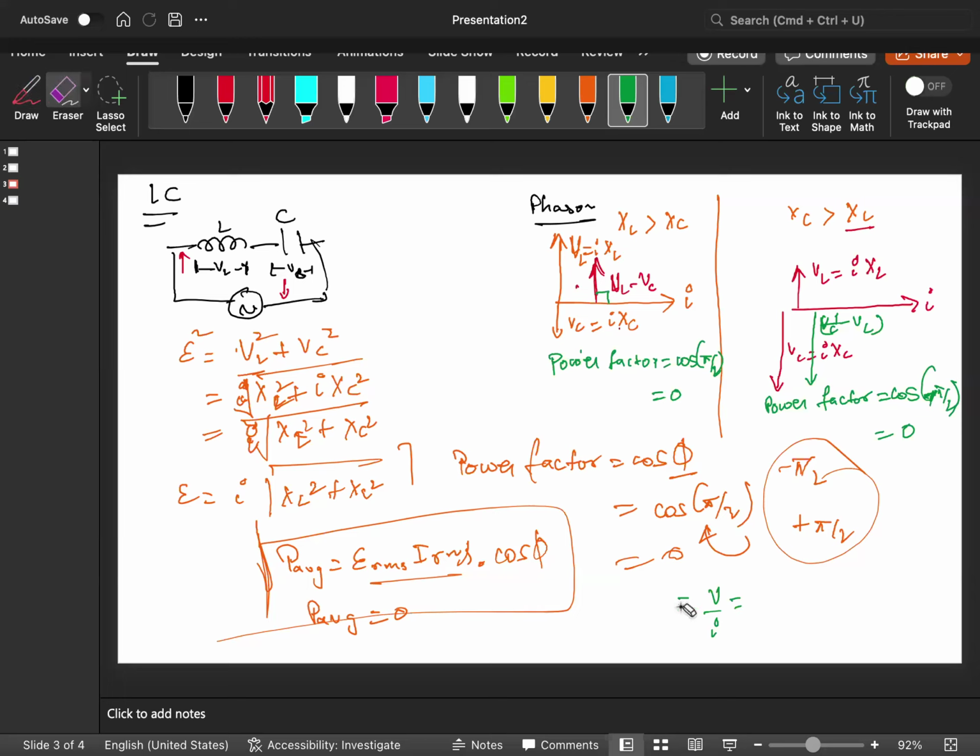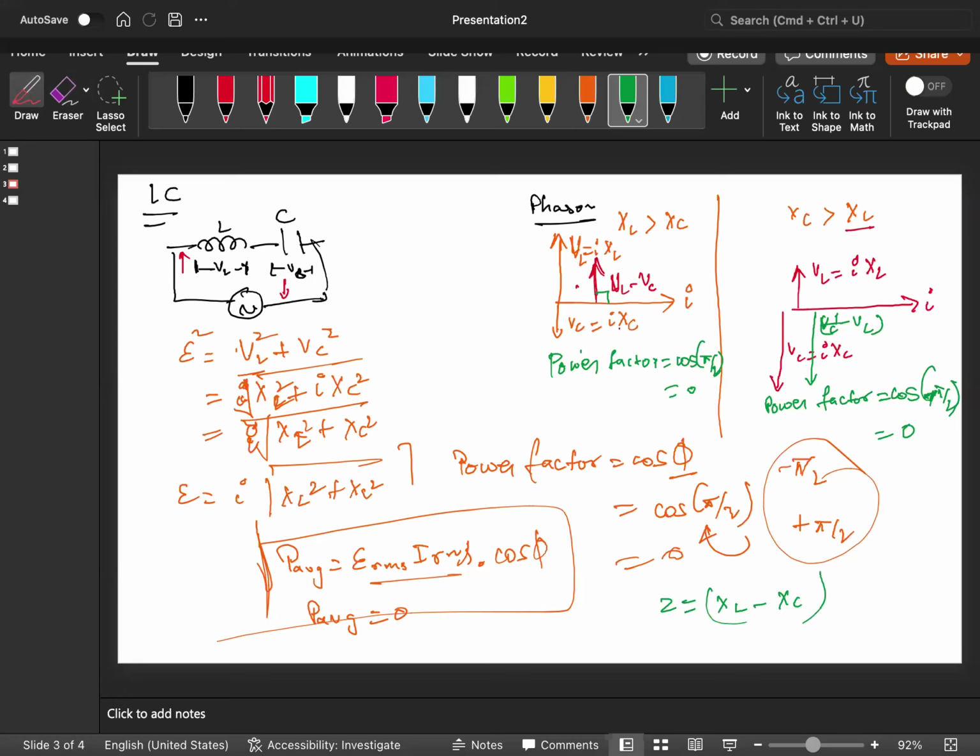It's better to solve in the above part. Here this X comes out as net VL minus VC, divided by I. Sorry, I don't have space over here. You can simply call it in another way. Let's call it 0. This Z will come out as the modulus of XL minus XC. Why mod?